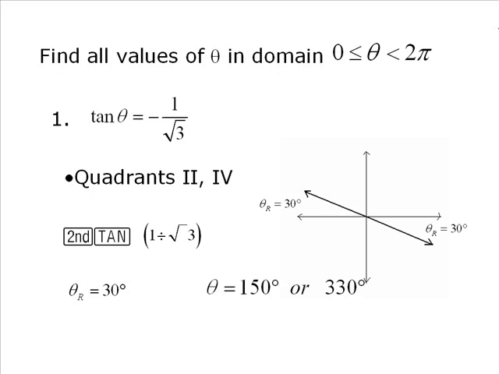If we have a 30-degree angle in quadrant 2, it means the rotation angle must be 150 degrees. That is 180 minus 30. And the 330, we took the 360 and subtracted 30. So always off the x-axis.